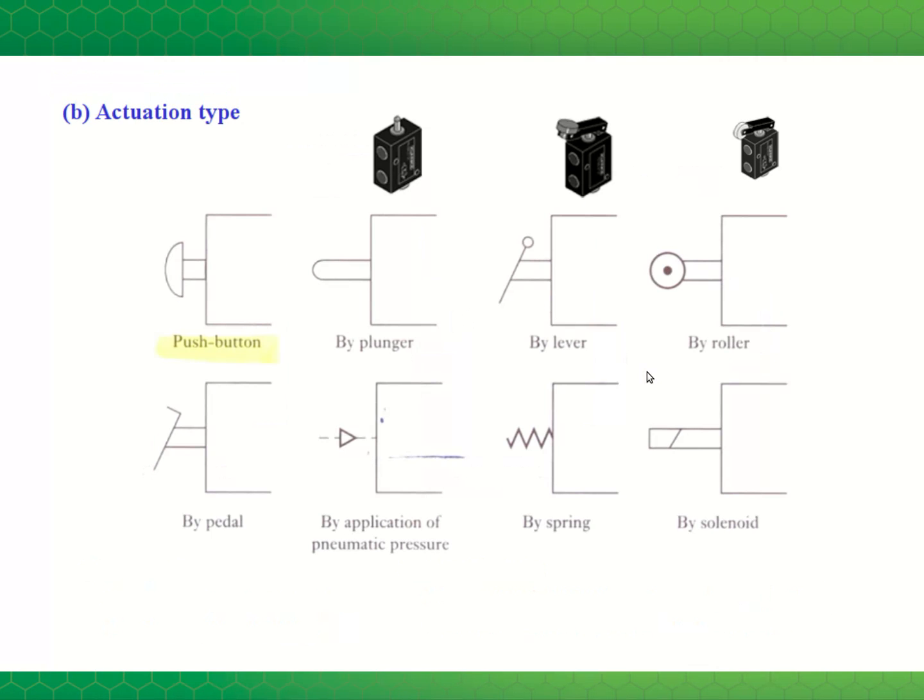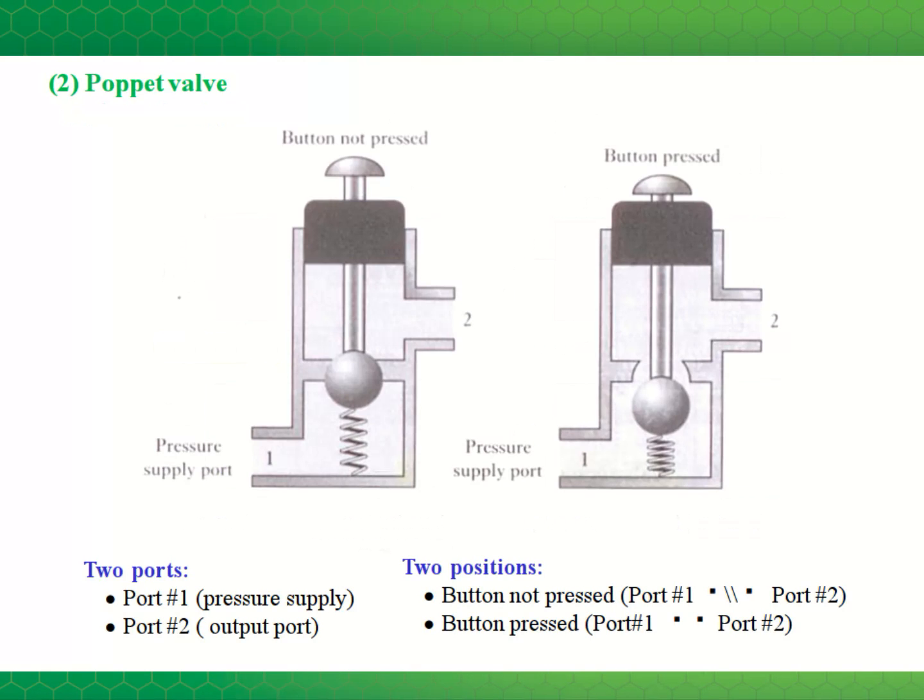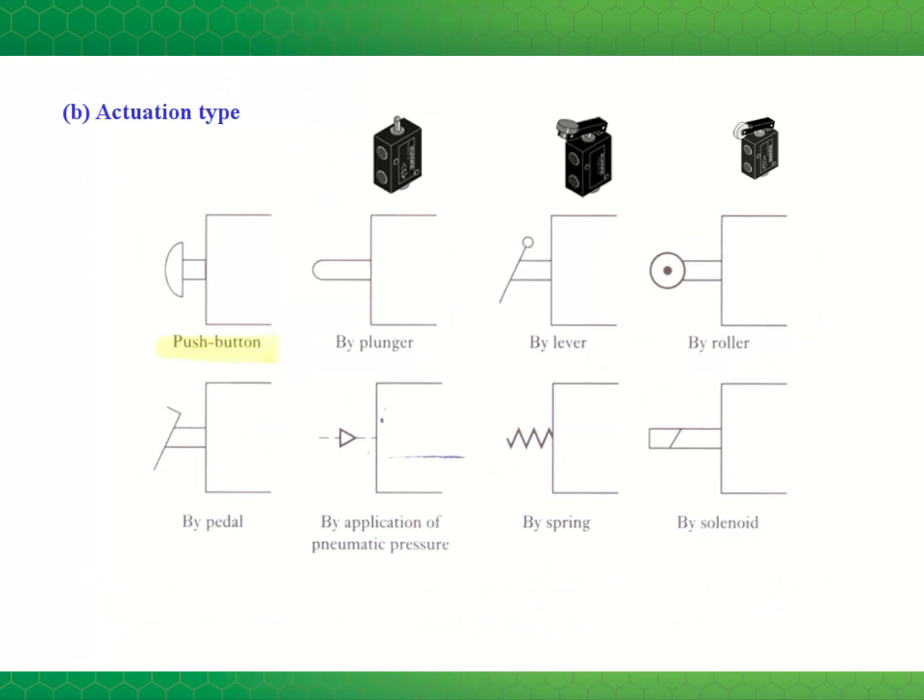Whenever we're working with pneumatic diagrams, symbols are used to represent the valves instead of a mechanical drawing like this or this. And this slide shows the symbols for the actuation type. So this is the method by which the valve is switched from one position to the other.